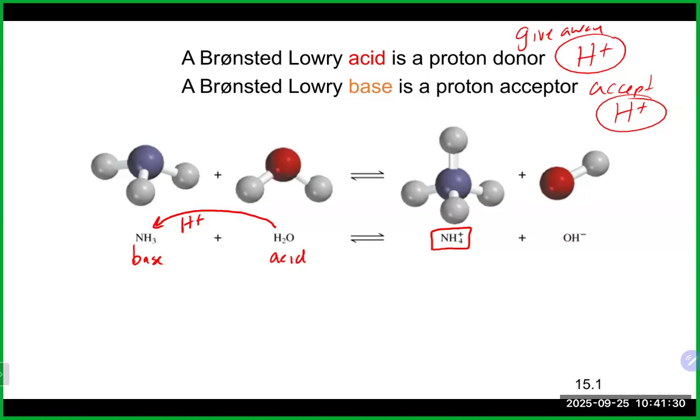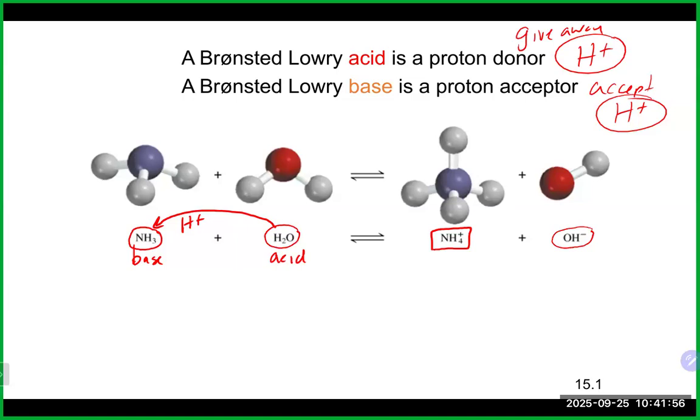And if you gain a positive charge, you become one more positive in that direction. So the charge does change. We can see here NH3 was neutral. It gained the H and the plus and ended up as NH4 plus. The water here was neutral. It lost an H plus, which means it becomes one more negative and becomes hydroxide.